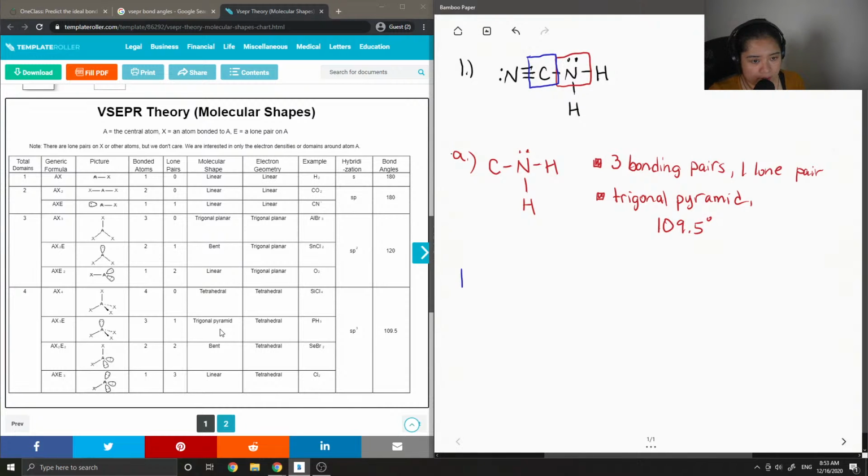Okay, so now let's look at the second central atom, which is the carbon, as the triple bonded nitrogen and then a single bonded nitrogen.